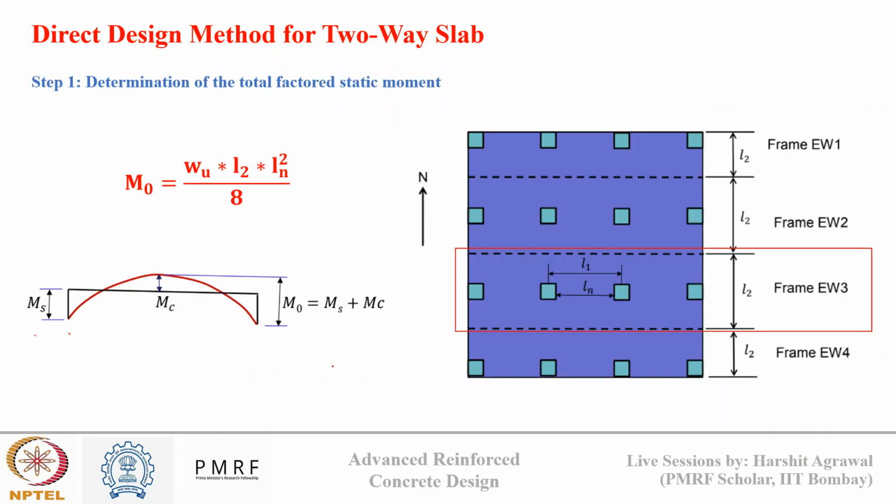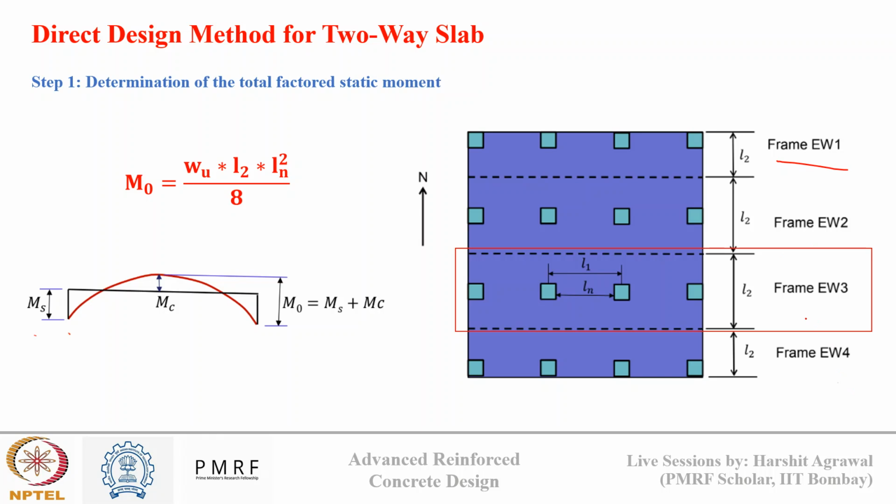Now, for those systems where the direct design method is valid, the method involves three steps of design. First is the determination of total static moment. Suppose we have divided the entire floor in the east-west direction into multiple continuous span configurations. We have EW1, EW2, EW3, and EW4.